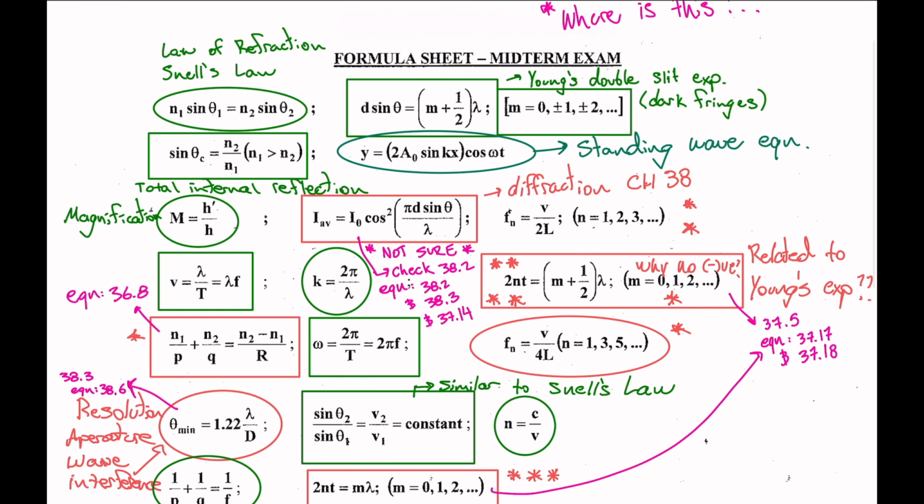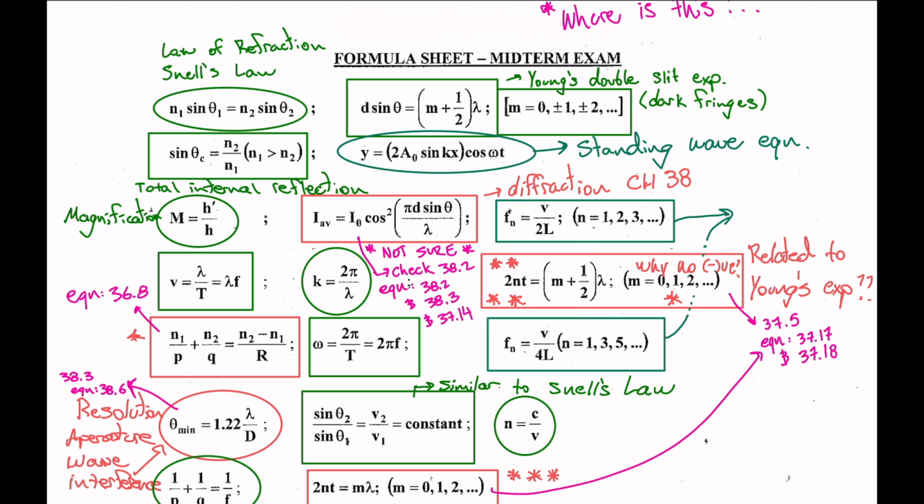Now I'm going to erase this equation here and this equation here. And I'm going to circle or box these guys here in green. And actually, let me do this one here as well. So maybe I will do something like this.